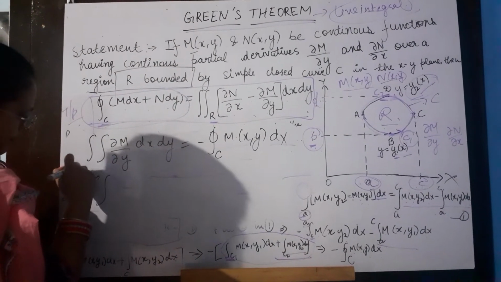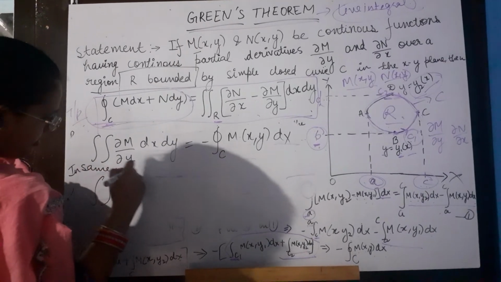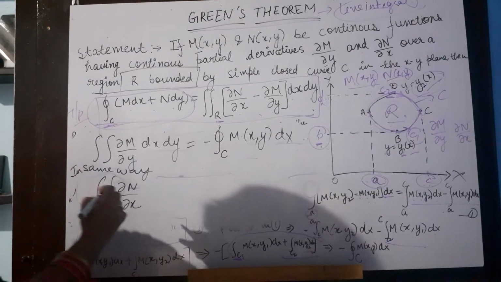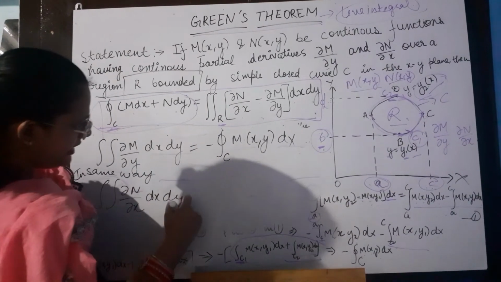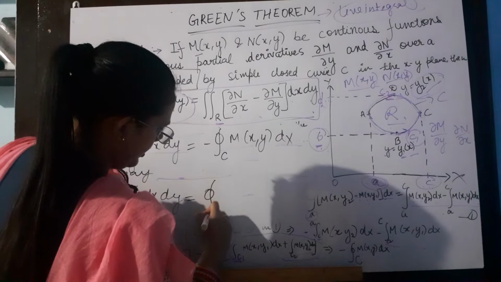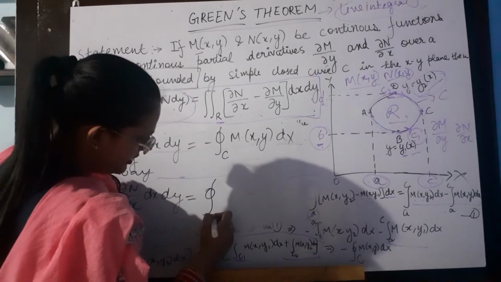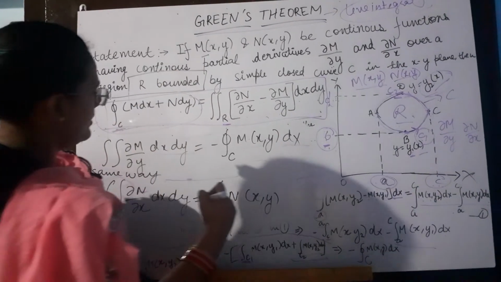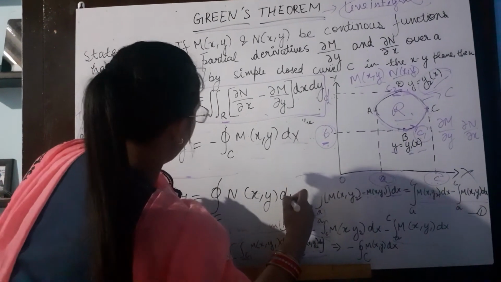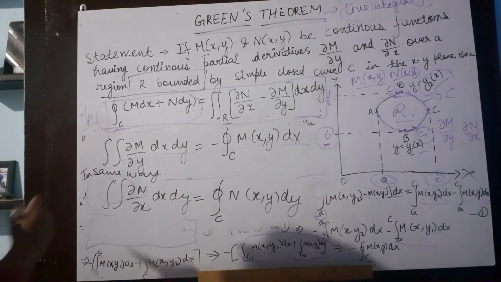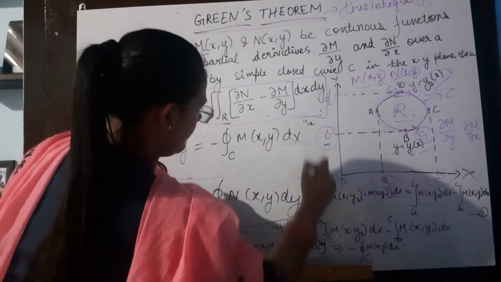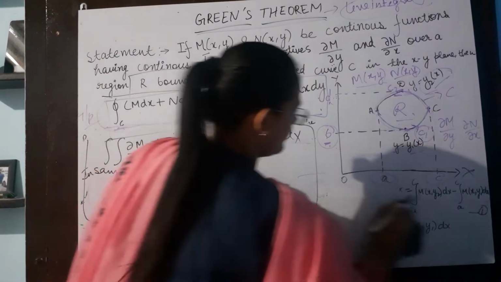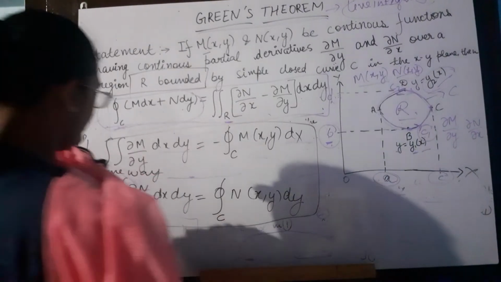Similarly, in the same way, the double integral of ∂N/∂x dx dy is equal to the line integral over the curve C of N(x,y) dy.